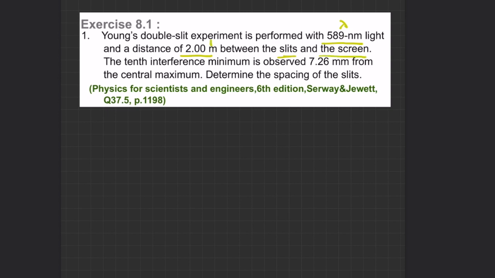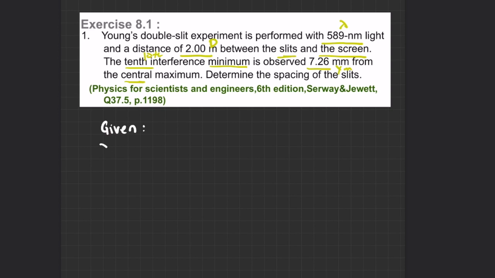Here is capital D. And then the 10th interference minimum is observed 7.26 millimeter from the central maximum, which is ym. Here is ym from the central maximum to the 10th minimum, which is from central to dark. Then determine the spacing of the slit.